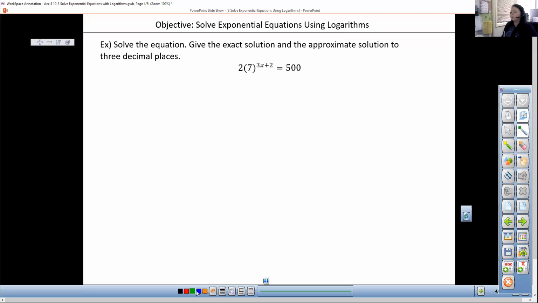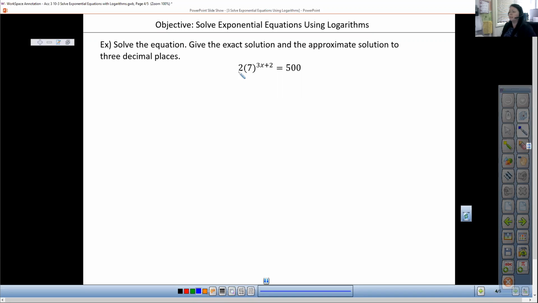So learning how to interpret structure, and how to undo that structure correctly is important. It requires a knowledge and understanding of order of operations. When we look at this particular exponential equation, we have to understand that over here on the left side, the 3x plus 2 is our exponent, and we need to correctly identify the base of that exponent and understand that the base is the 7, and that cannot be changed.